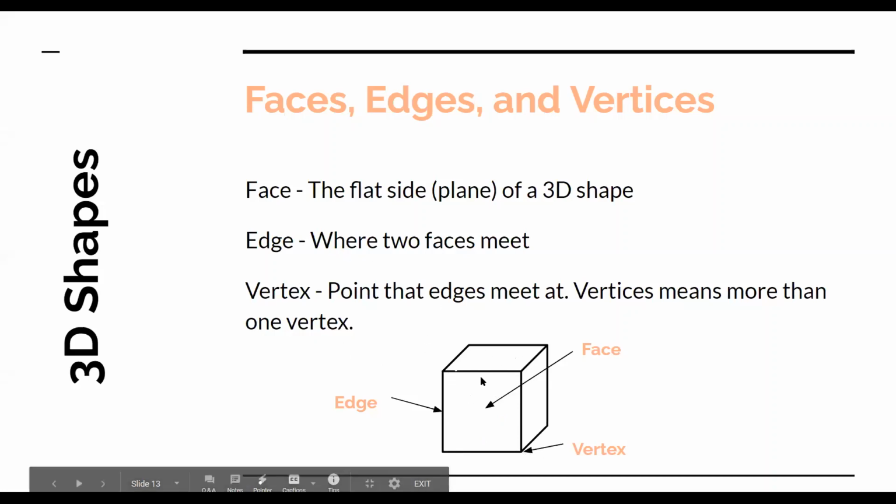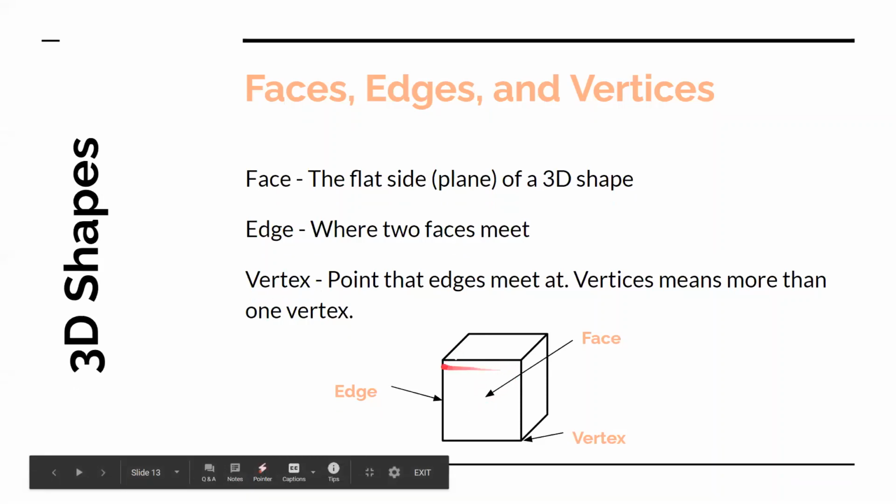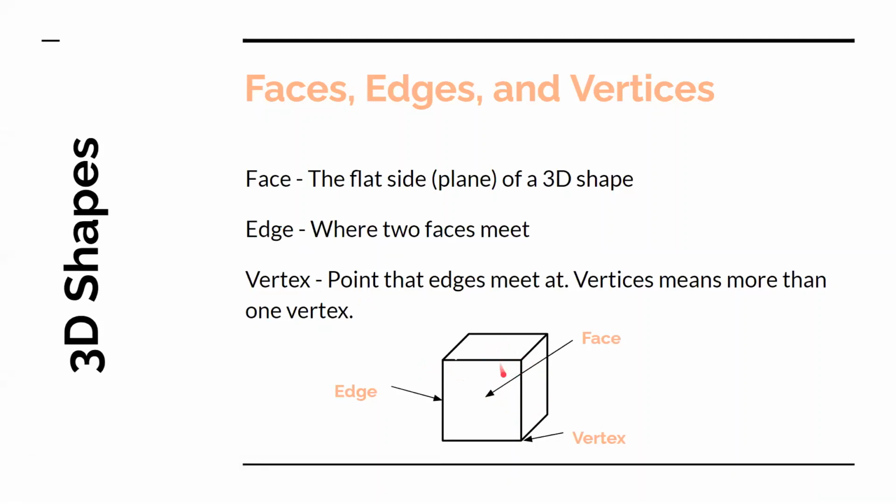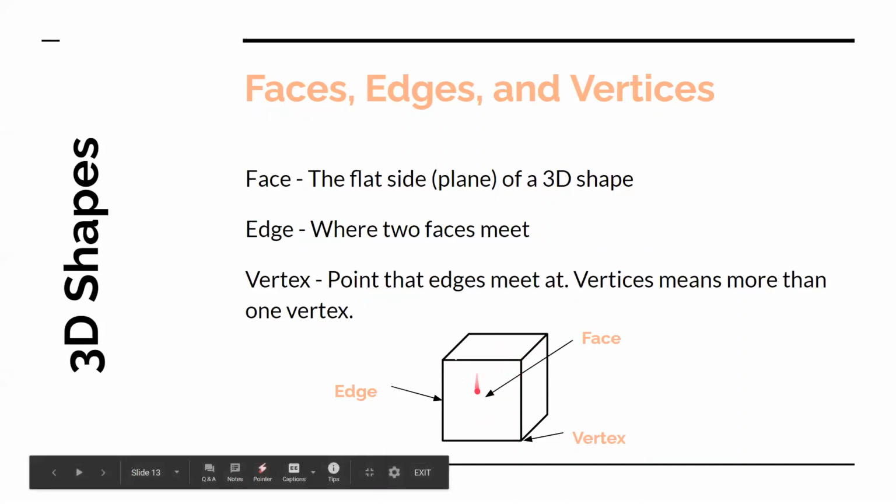So we see this one face and this other face, and where they meet is an edge. And where edges meet is a vertex.